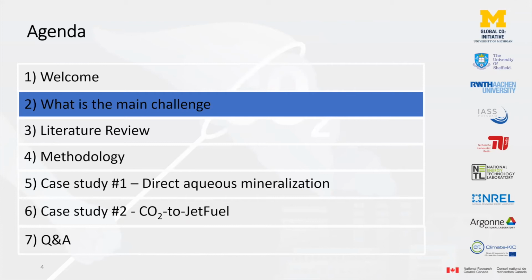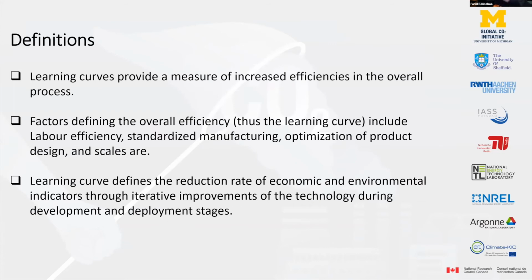The next agenda item is what is really the main challenge we're trying to address in this working group. Before discussing the main challenge, I want to provide some baseline definitions. The learning curve provides a measure of increased efficiency in the overall process.